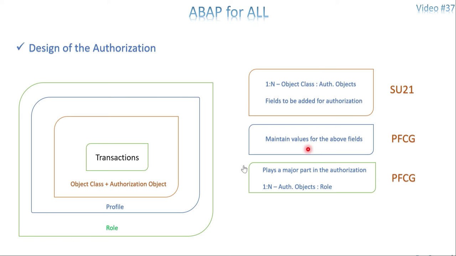Each role may have a few programs maintained, some in role 1 and role 3, and a few in role 2 and role 4. That is the way one authorization object can be mapped with multiple roles. I will show you, while searching for the object, that one authorization object is maintained in multiple roles.